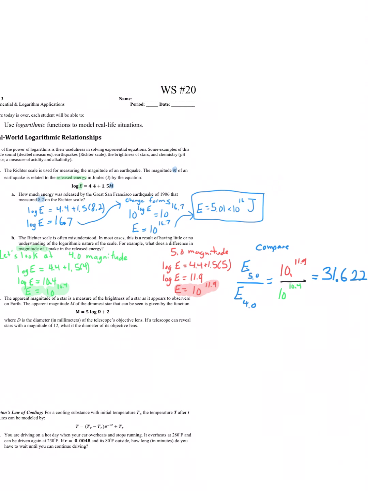Okay, and then the real question is, what does that mean? The 31.622? That means the magnitude 5.0 earthquake is 31 times stronger than the 4.0 earthquake.